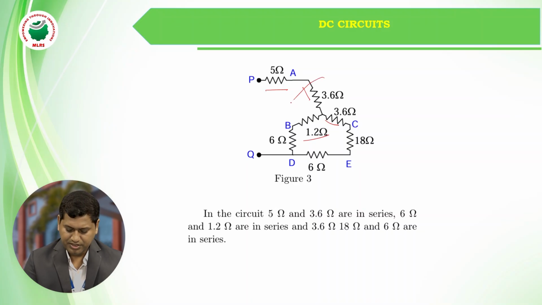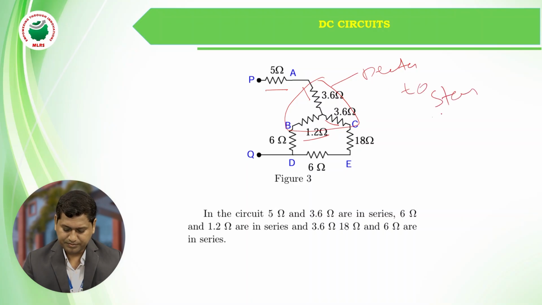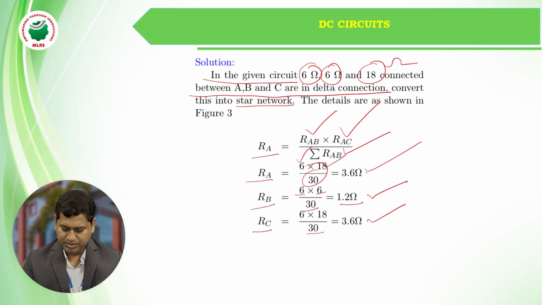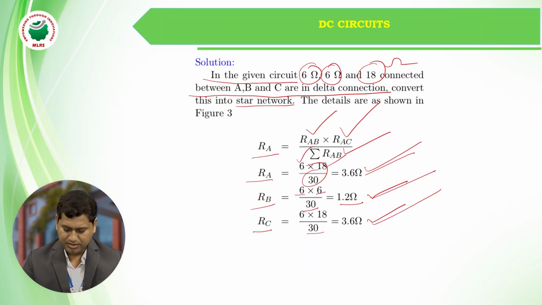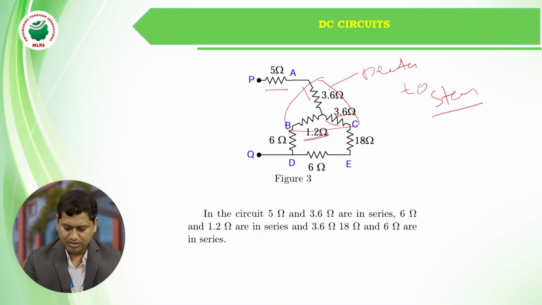Before, we had the delta combination; now this delta combination is turned to star. These values are 3.6, 1.2 and 3.6.